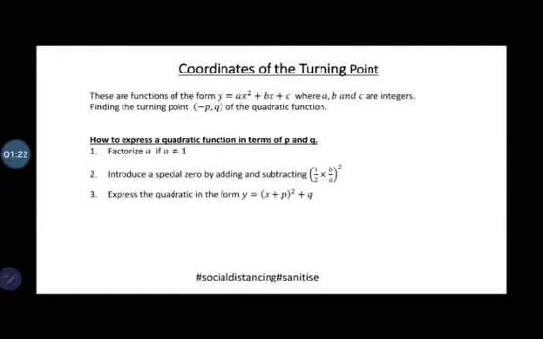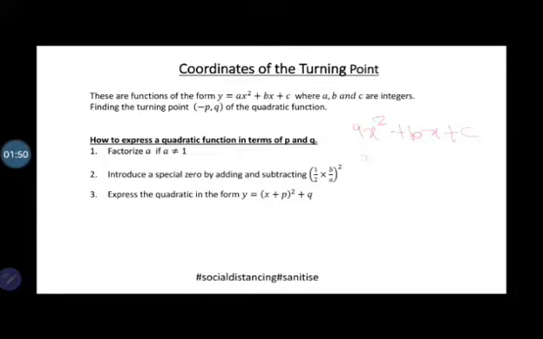If your x squared from the beginning already has a coefficient of 1, then all you do is get half of the b. Number 2, you introduce a special 0. What you have is ax squared plus bx plus c. We introduce a special 0 by adding half of b over a squared and subtracting the same thing.